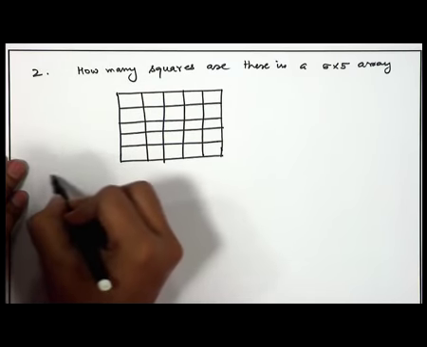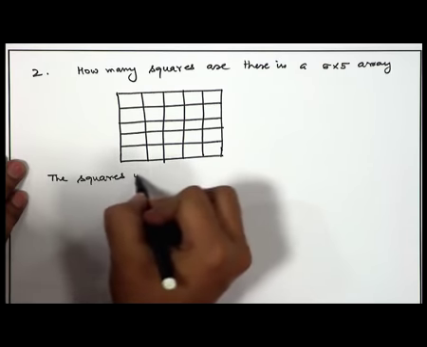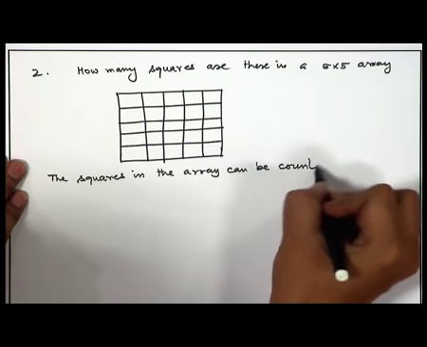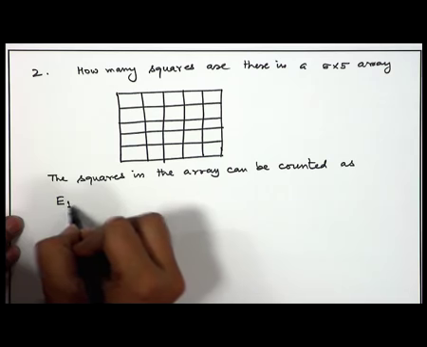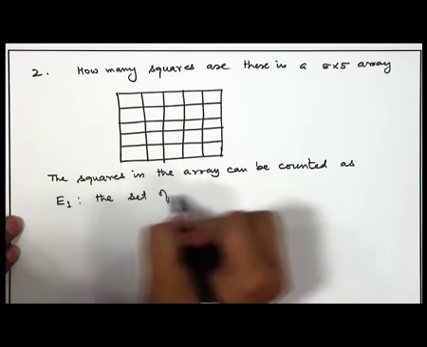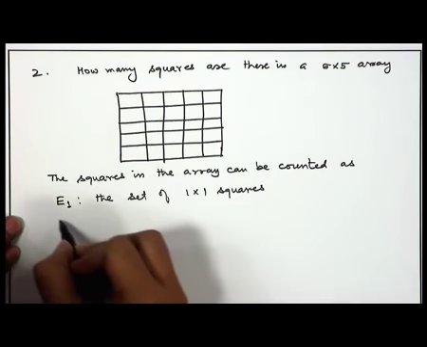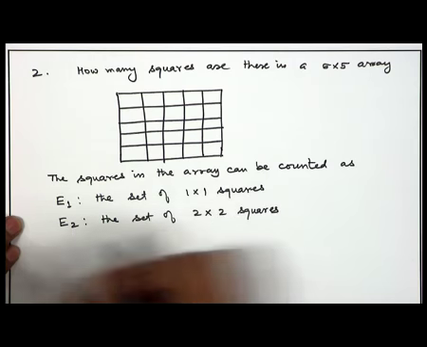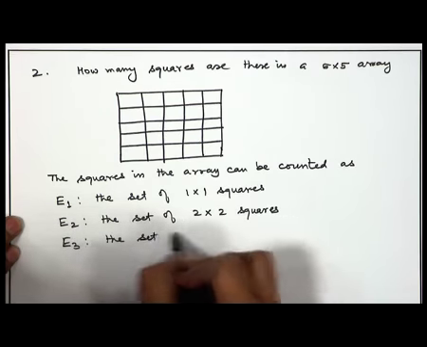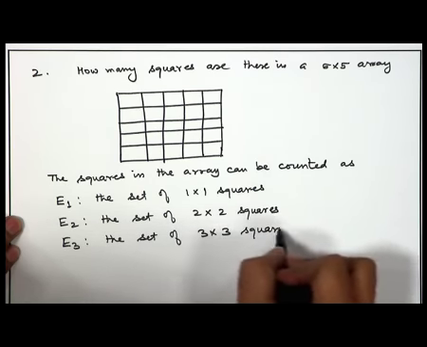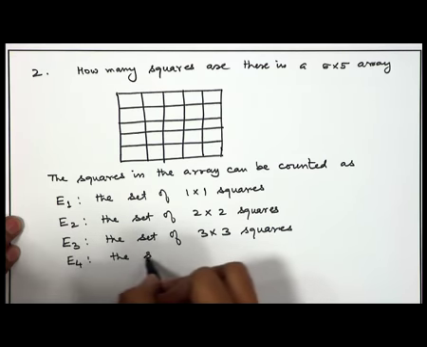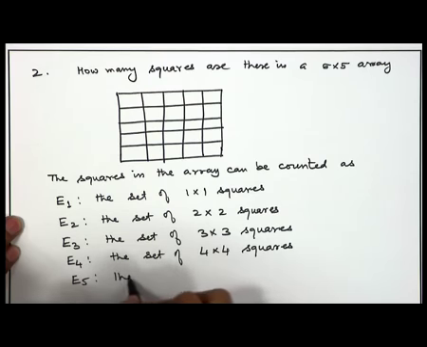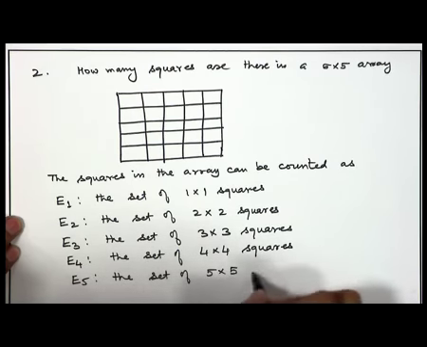So, if we consider the squares in the array can be counted as E1, the set of 1 by 1 squares, E2 is the set of say 2 by 2 squares, E3 the set of 3 by 3 squares, E4 is the set of 4 by 4 squares, and E5 is the set of 5 by 5 squares.